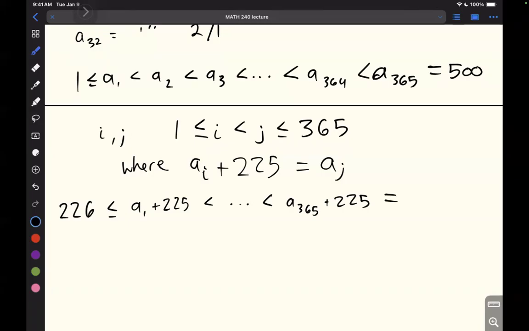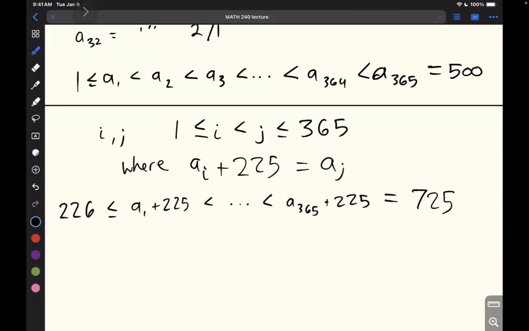What's that last number going to equal? 725. Okay, so now we've got 2 sequences of numbers.